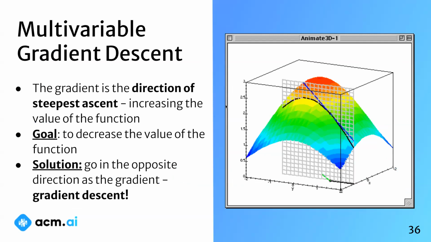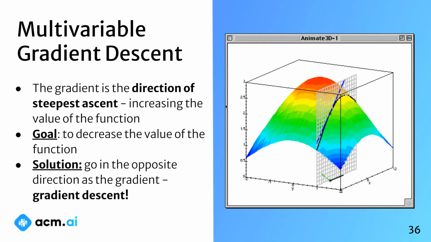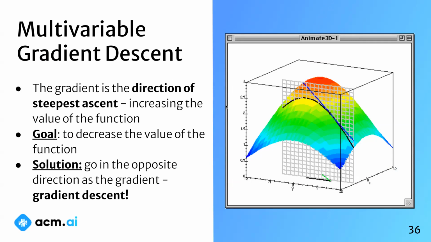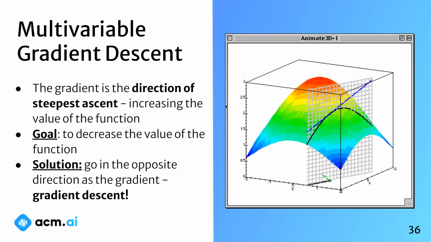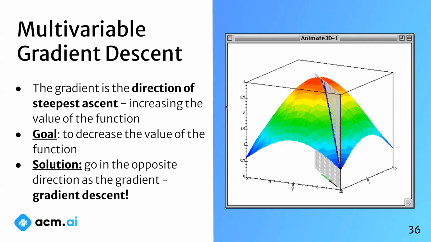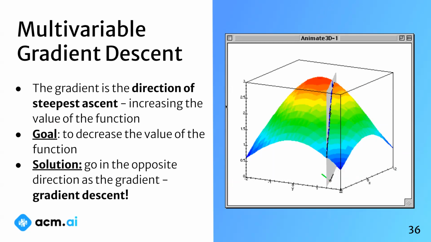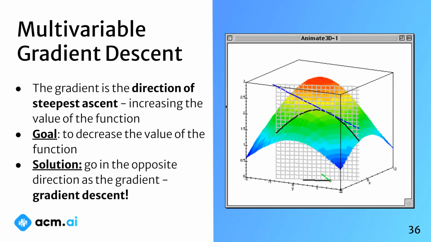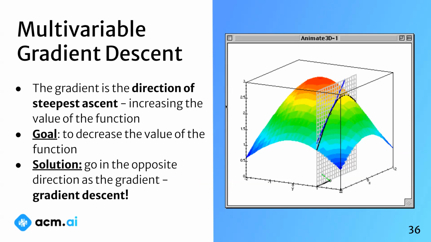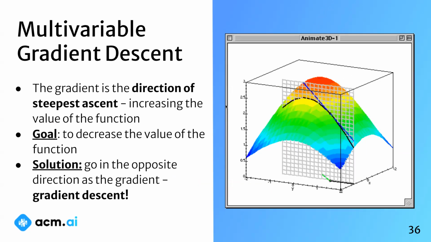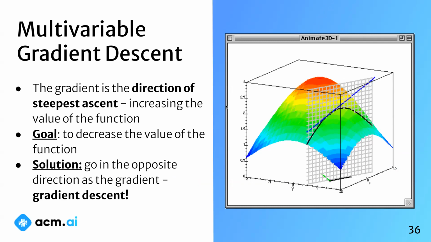All right. Now we get into multivariable gradient descent. When we were talking about the gradient, that triangular notation from 5-6 slides ago, the gradient is the direction of steepest ascent, right? So what does that mean? We're going in the increasing value of the function.